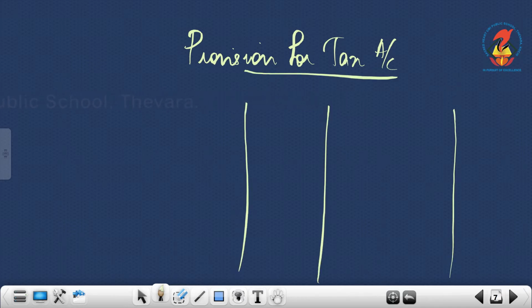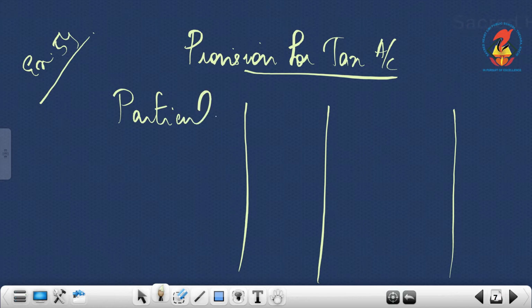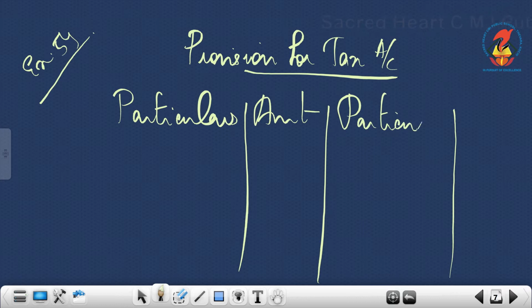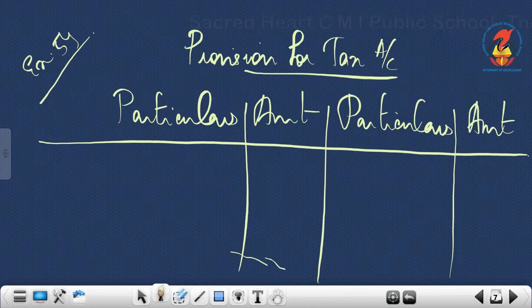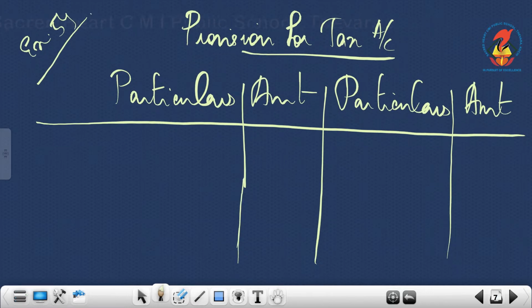This is provision for tax account. This is exercise question number 54. We have to start this with the opening balance, and opening balance we will write on the credit side, like by balance brought down.